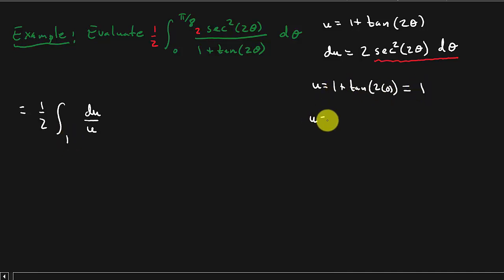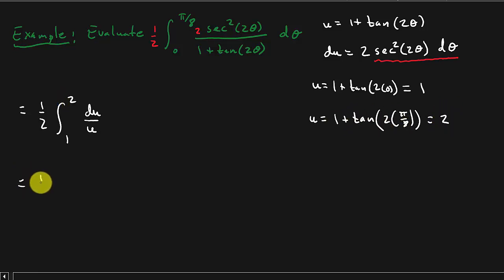And then I have u equals 1 plus tangent of 2 times pi over 8. All right, so 2 times pi over 8 is pi over 4. And the tangent of pi over 4 is 1. All right, tangent of pi over 4 is 1. 1 plus 1 is 2.